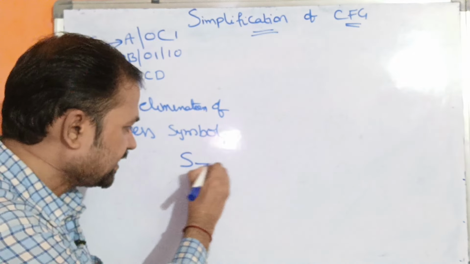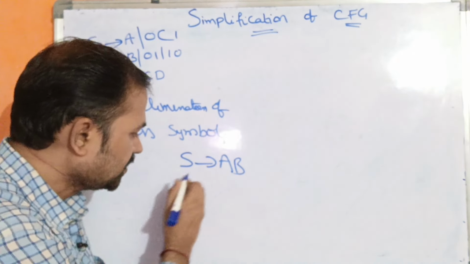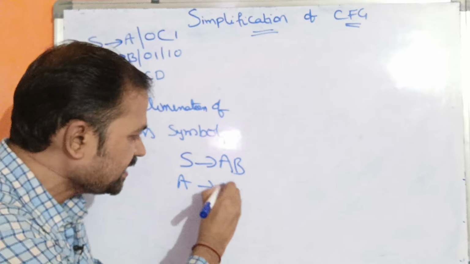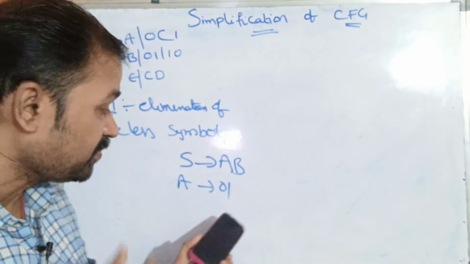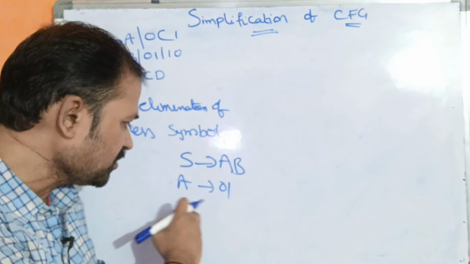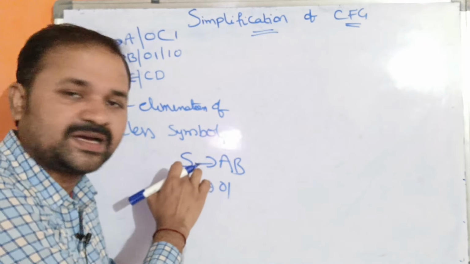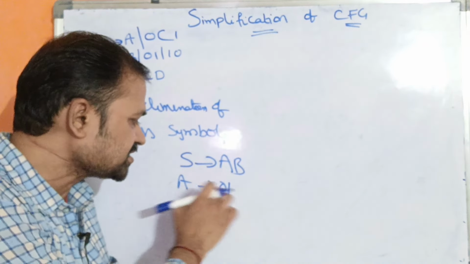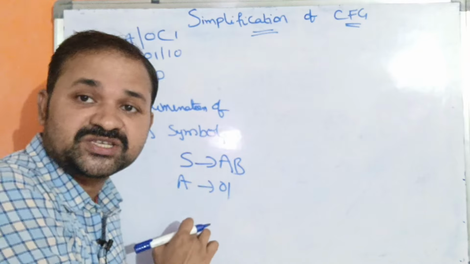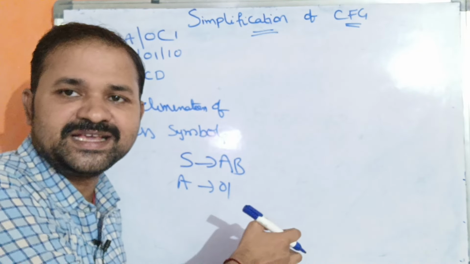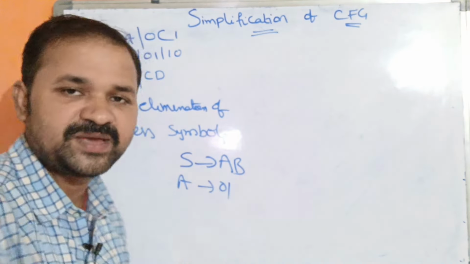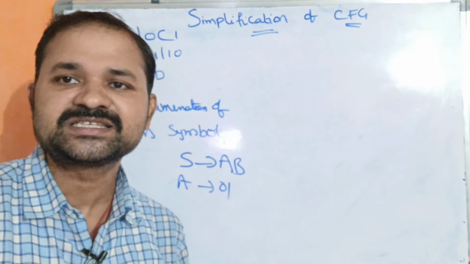If you take S implies AB, whereas if we have only A implies 01, we don't have a B production. A productions are available, but B productions are not available. So B is not reachable from S.